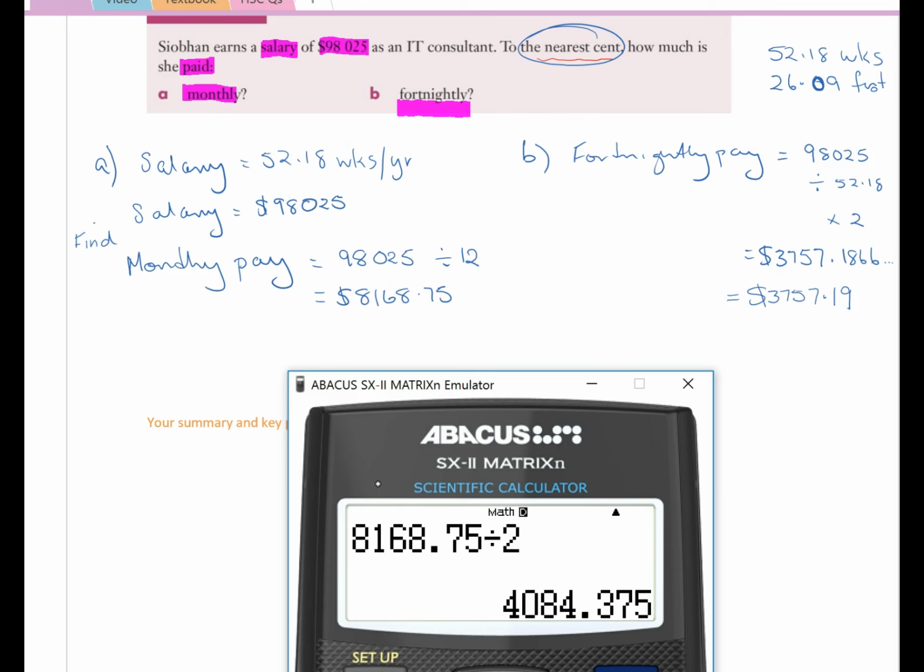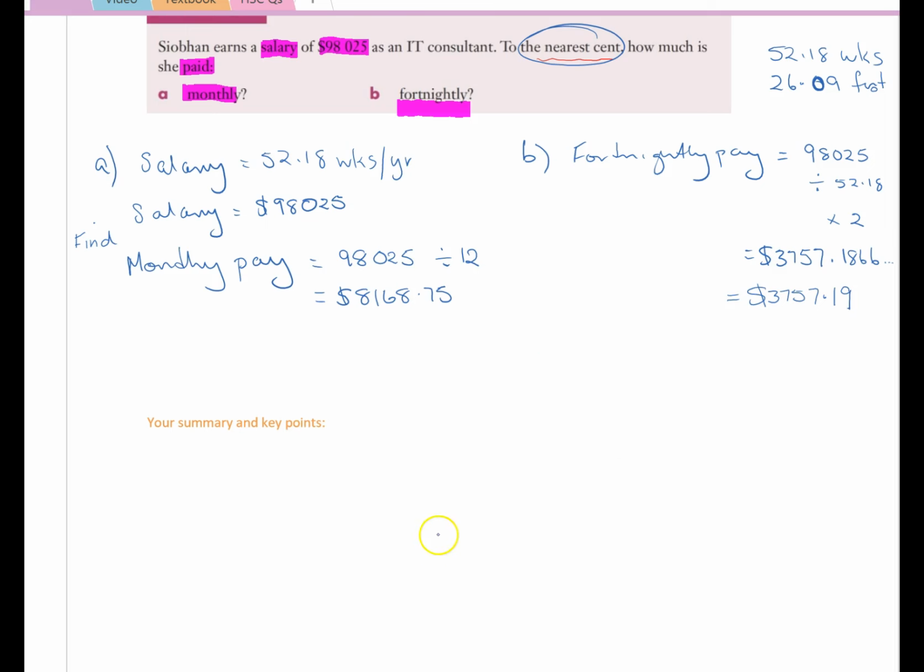Taking the monthly pay, 8168.75, and dividing it by 2 gives this 4,084, which is not the payment per fortnight. Her payment per fortnight is this 3757.19. You don't get the same answer. This is the incorrect method, definitely incorrect. This is the correct method. So to get fortnights and weeks, you must go back to the full yearly salary.